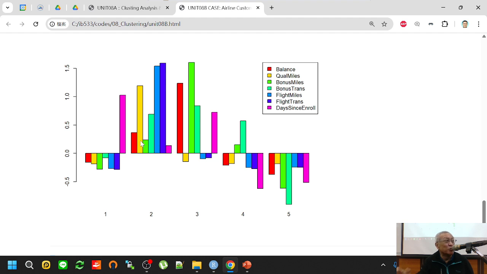And how about this group? They are the new customers that have a lot of flights within the past 12 months, so we should try to maintain them. You can see that this yellow bar is very high, right? What is this yellow bar?